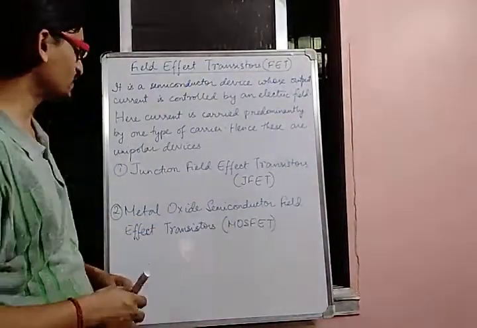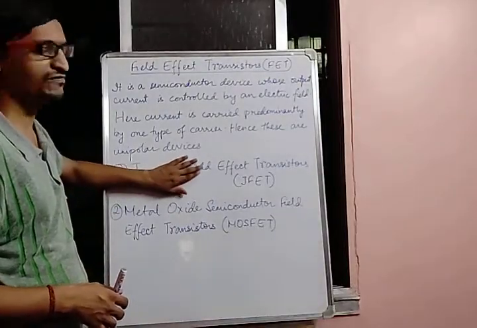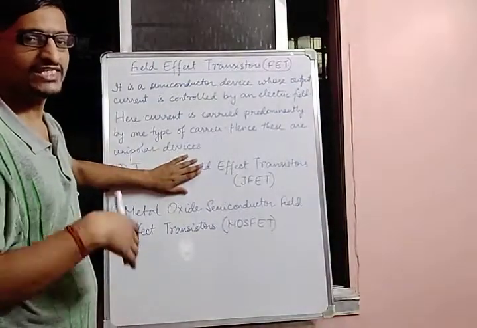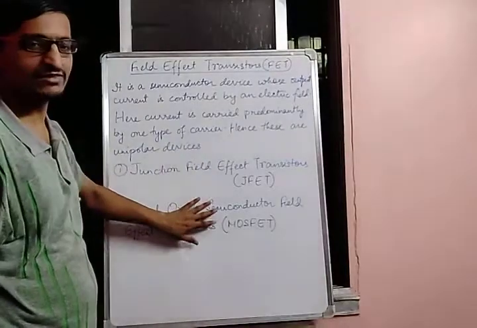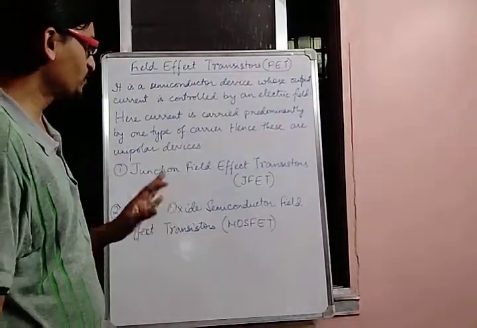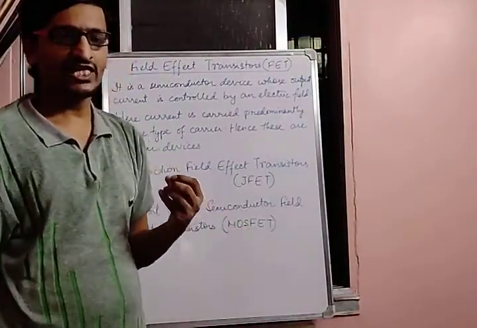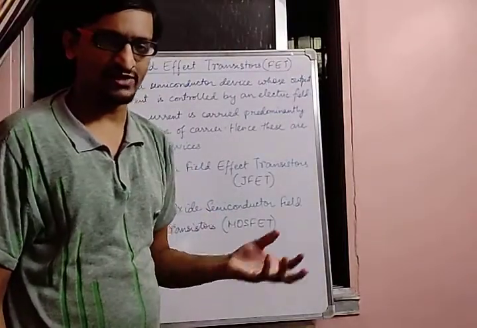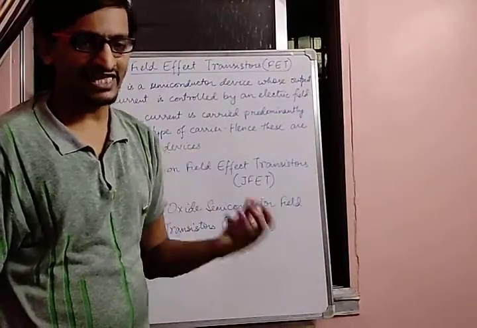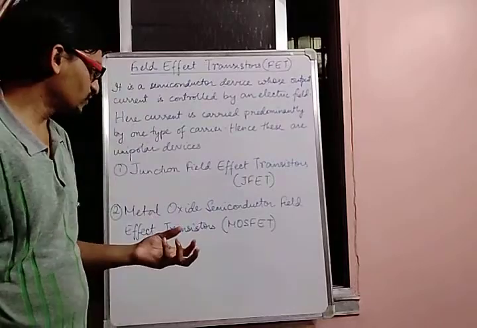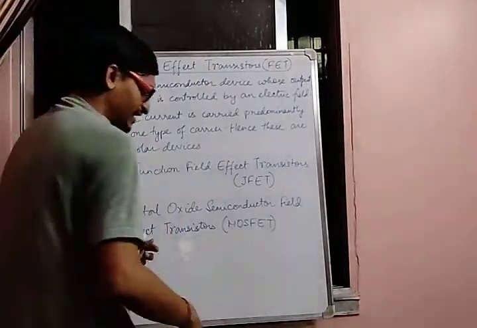In this class, we will mainly concentrate on the junction field effect transistor, and in the next class we will discuss the MOSFET. We will mainly deal with the principle of operation of this field effect transistor and its characteristics, starting with the junction field effect transistor.